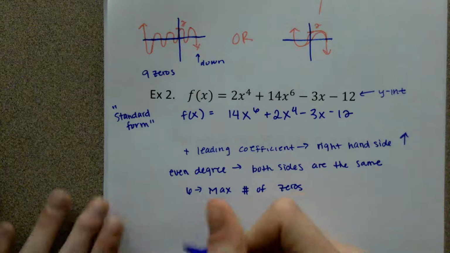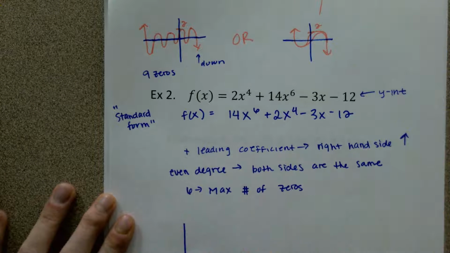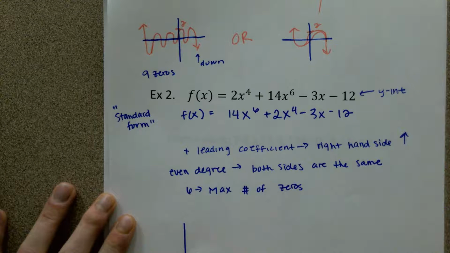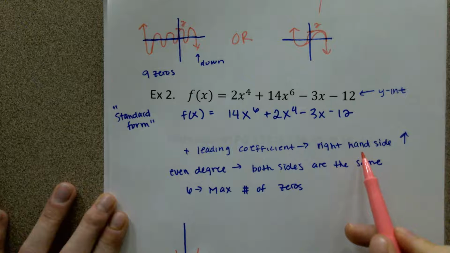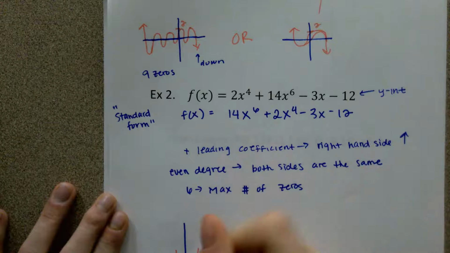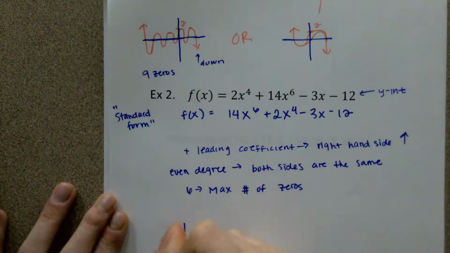So we can have a graph that looks like, let's see, negative 12, let's say, and let's just do this to start. My right-hand side is going up, both sides are going up, so 1, 2, 3, 4, 5, 6.